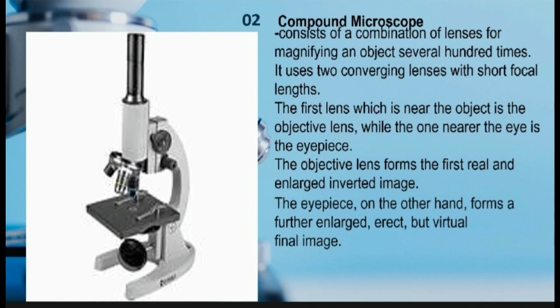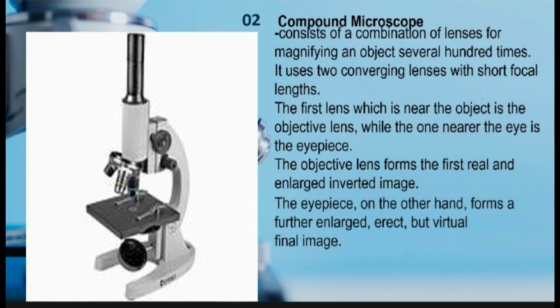It uses two converging lenses with short focal lengths. The first lens, which is near the object, is the objective lens, while the one near the eye is the eyepiece. The objective lens forms the first real, enlarged, inverted image. However, the eyepiece forms a further enlarged, erect, but this time virtual final image.